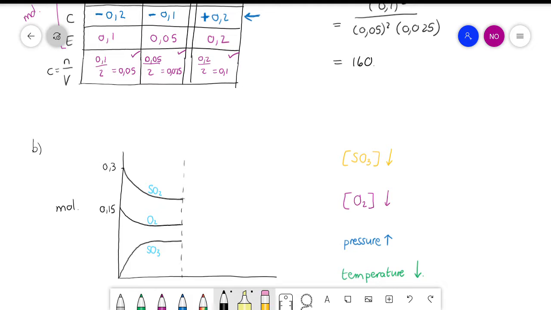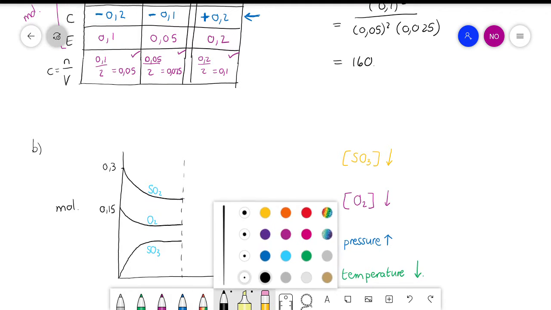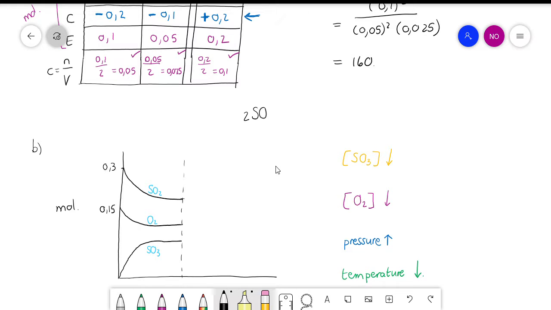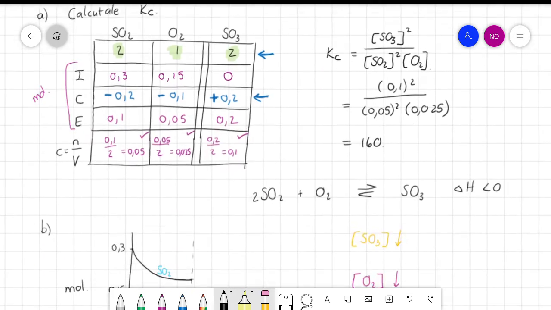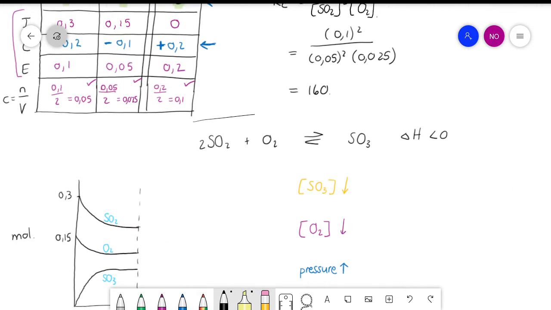That's just the graph I drew of this reaction, but we don't need that top part for this. Did I say smaller than 0? Yeah.